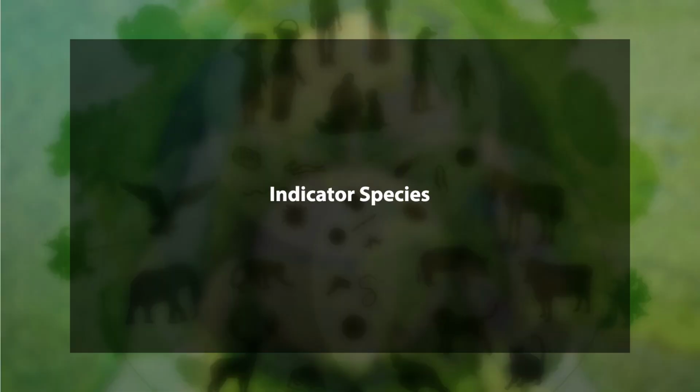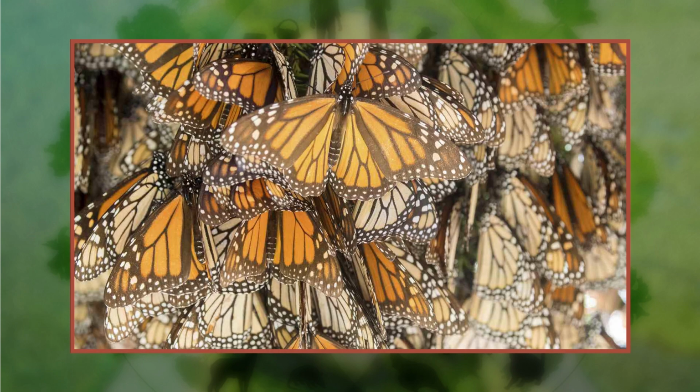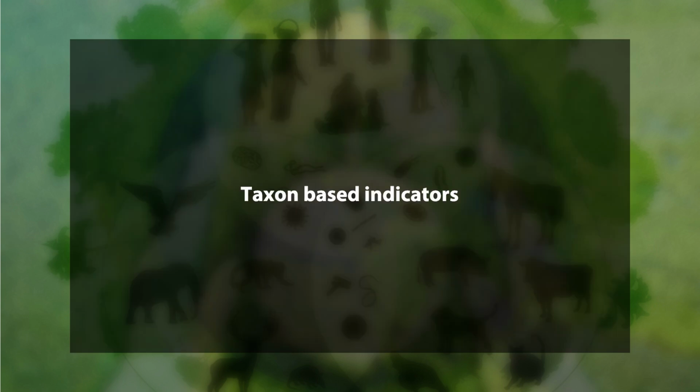Another species type used as surrogate is indicator species. An indicator species is a species or group of species chosen as an indicator of the state of an ecosystem or of a certain process within that ecosystem. There are taxon based indicators.